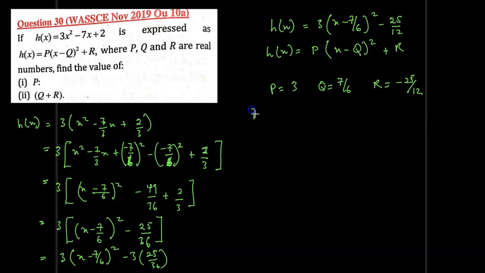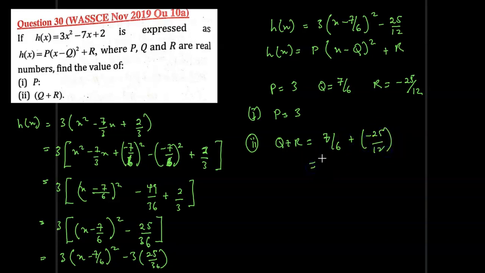So I asked for p value, which is 3. I asked of q plus r. So that is going to be 7 on 6 plus negative 25 on 12.